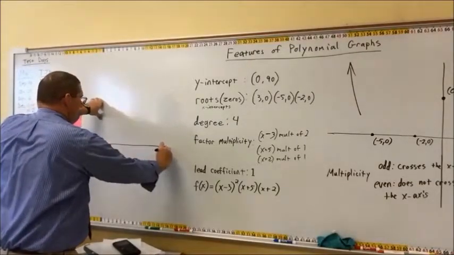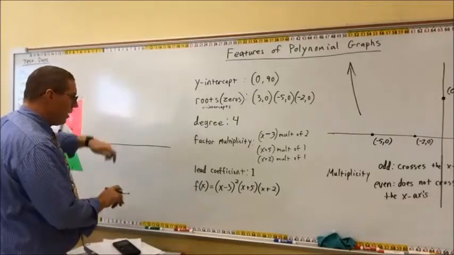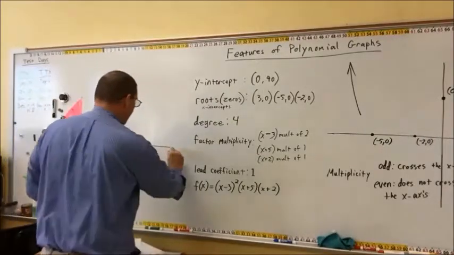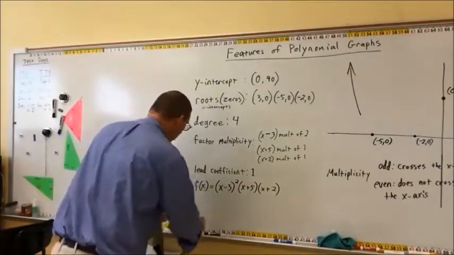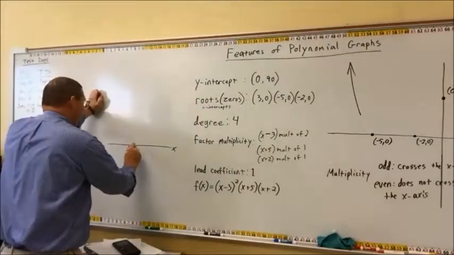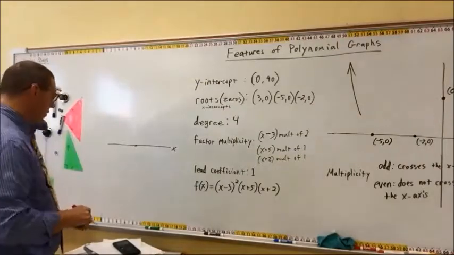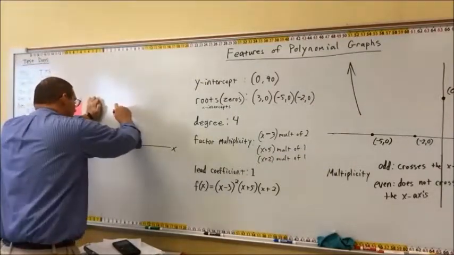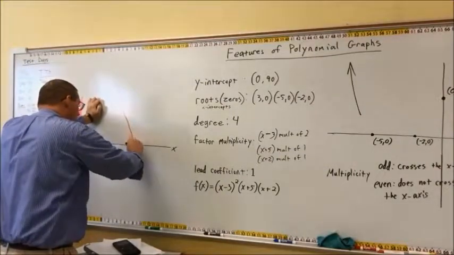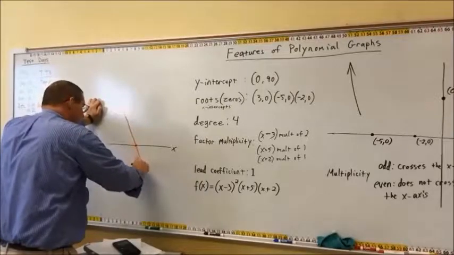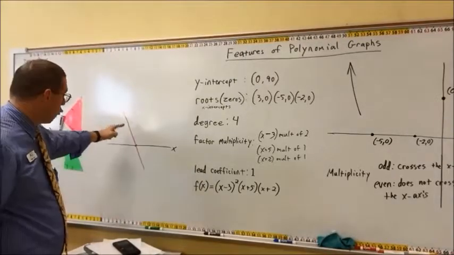If we have the x-axis here, and then we have a curve approaching a point on the x-axis, if that curve is going to cross over the x-axis, it's going to approach the dot, and then go to the other side of the x-axis. It's crossing over.